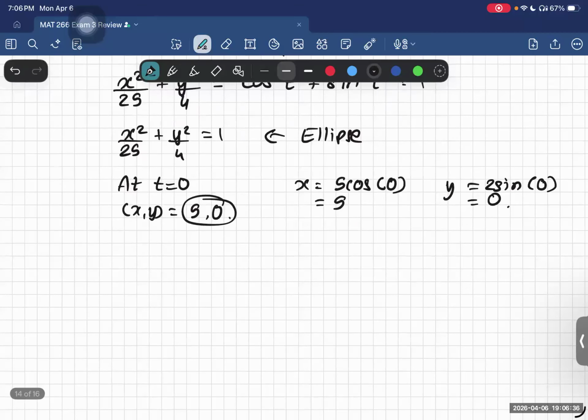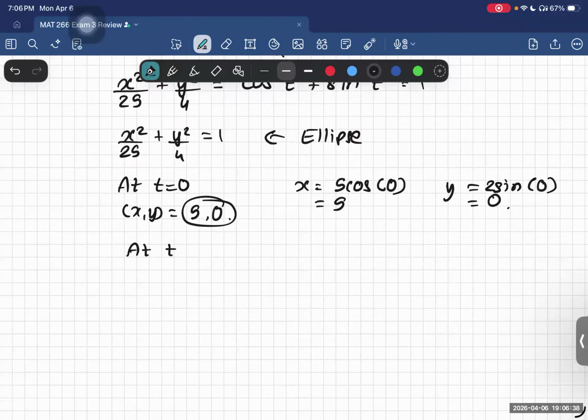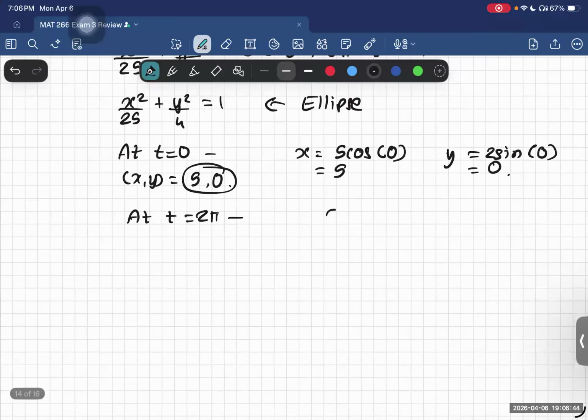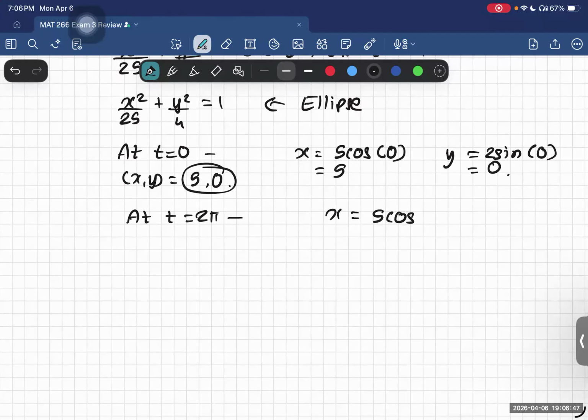All right, now at t is equal to 2 pi. So basically these two are the bounds that we had. So let's see. I will have x is equal to 5 cosine 2 pi, and y is equal to 2 sine 2 pi. Okay. So here again, 5 cosine 2 pi will again give me 5, and 2 sine 2 pi will give me 0.